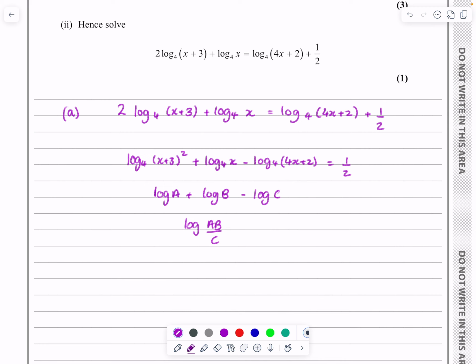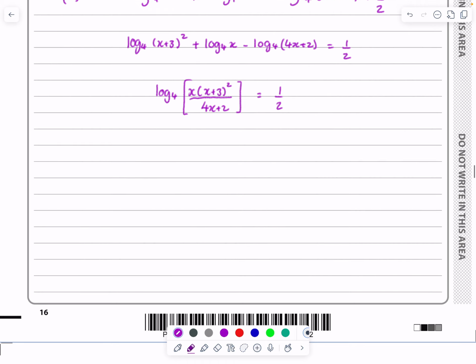So I'm going to do all that to the terms that I've got there, which is going to give me log to the base 4 of x multiplied by x plus 3 squared. Well, I'm going to put the x first. x plus 3 squared, that's combining those two, and then because of the 4x plus 2, all divided by 4x plus 2, so that is now equal to a half.